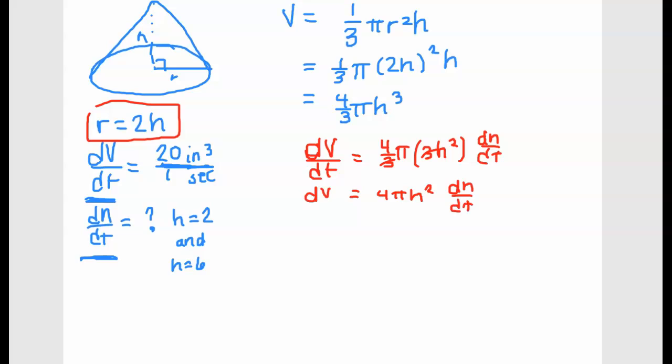So now we're going to plug in what we know. So we have two h values, and we have to find two different dh/dt's. So 20 equals 4 pi 2 squared dh/dt.